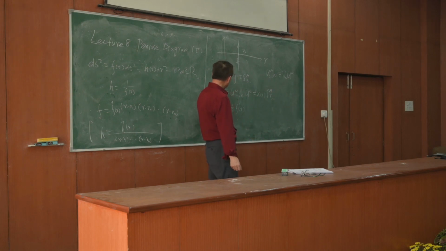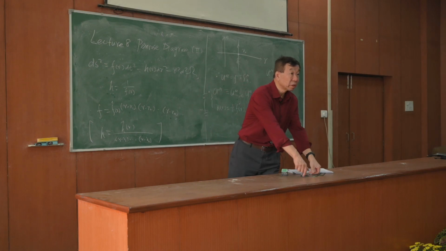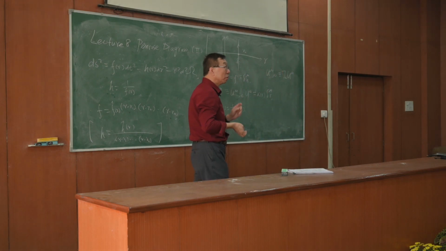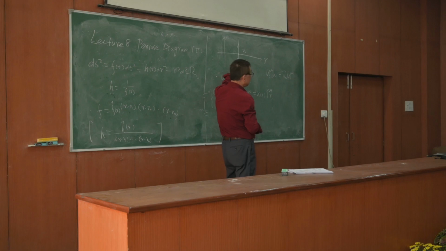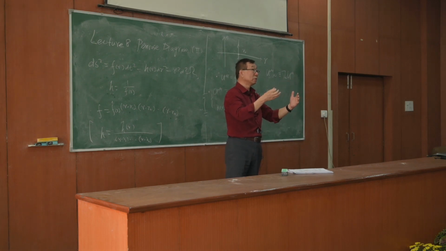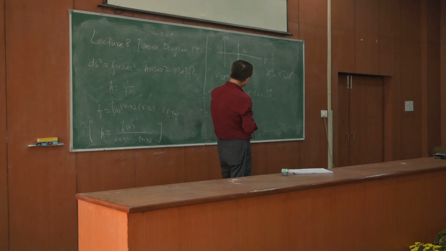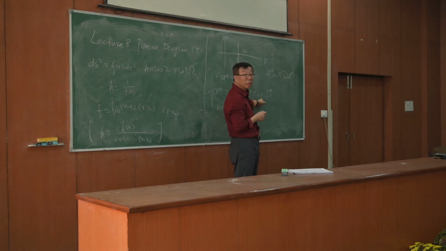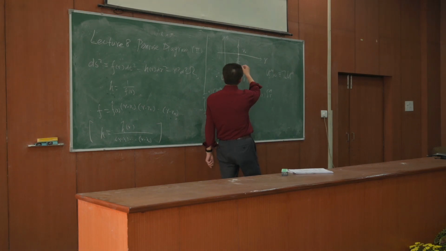Then we have R. This is called surface gravity. Surface gravity here is very important. Surface gravity means, if you say R equals constant surface, what's the surface gravity? It corresponds exactly to the acceleration.